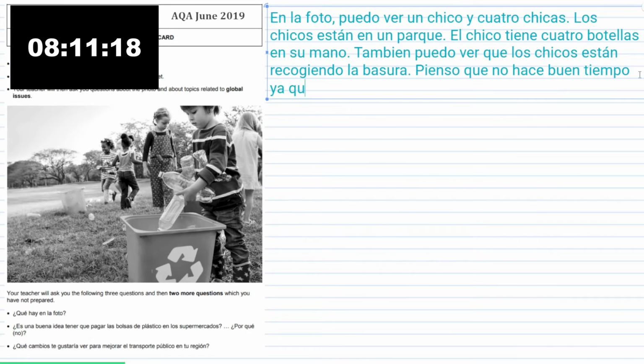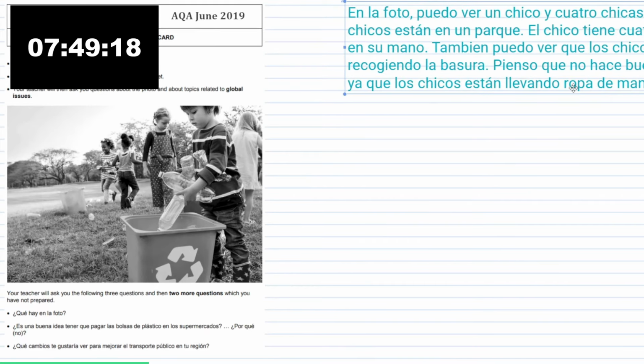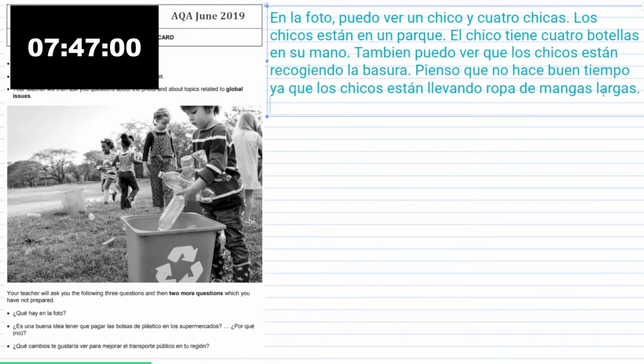A reason, ya que los chicos están, and then the clothes they're wearing, llevando ropa de mangas largas. So mangas is a sleeve, so long sleeve clothes. Or you can also say something like ropa de invierno, ropa de verano. So like summer clothes, winter clothes, etc.